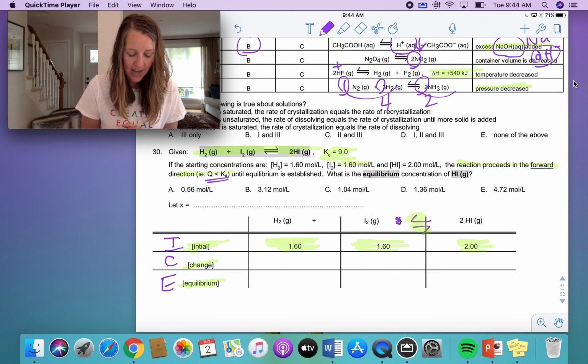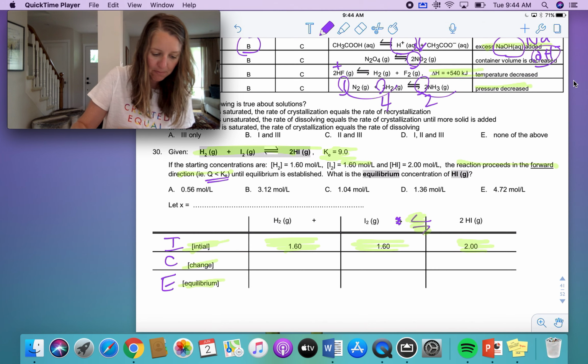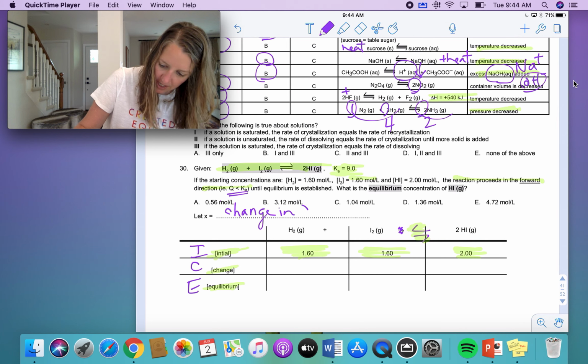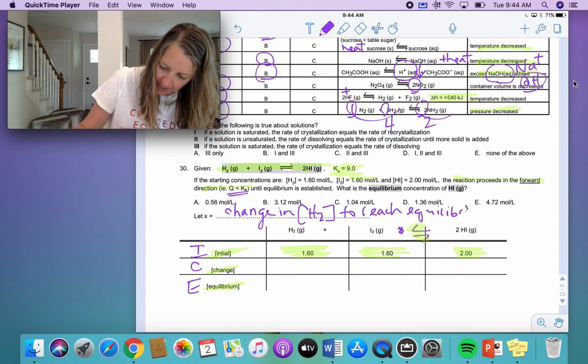Once I know that, I'm going to look at my change in concentration. So I need to figure out the equilibrium concentration of my hydrogen iodide gas. So I'm going to let X be the change in the concentration of the hydrogen gas to reach equilibrium.